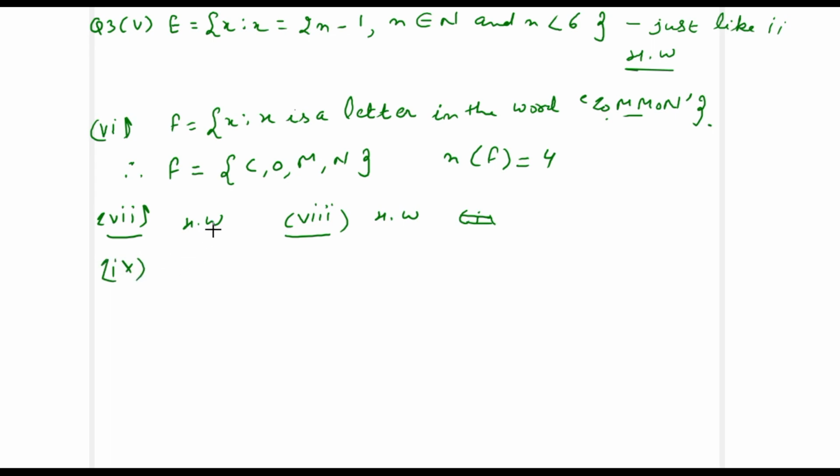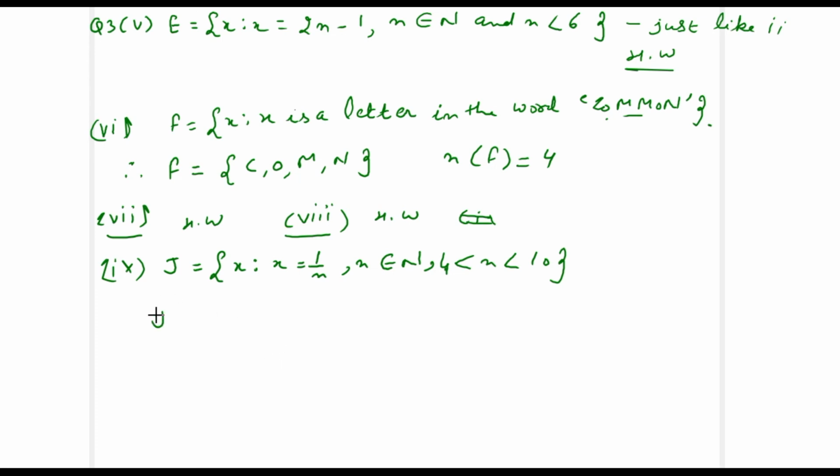In 9th, what is he saying? J is equal to x such that x equal to 1 upon n, and these n are natural numbers which are more than 4 and less than 10, right? So this is quite simple.